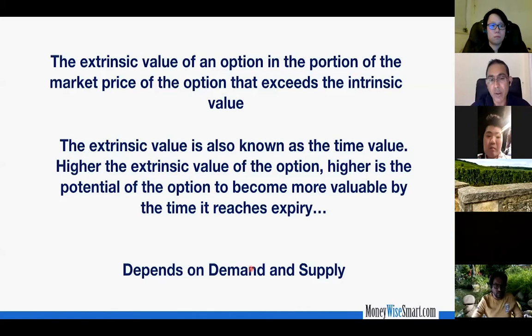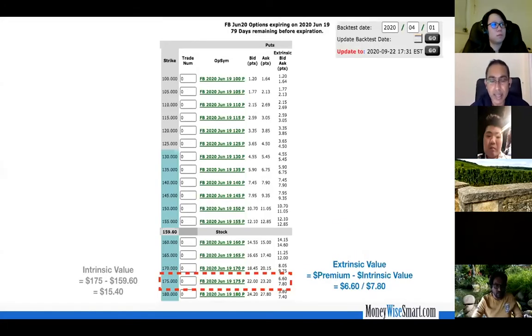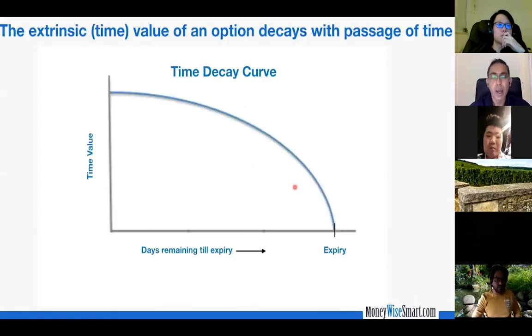The extrinsic value depends on demand and supply, as I've mentioned. So in this particular case, for the 175 strike option, we saw that $15.40 is the intrinsic value, and the extrinsic value is the premium minus the intrinsic value. The extrinsic value of the bid is $6.60, and the extrinsic value of the ask is $7.70, which is exactly what is listed under this column, $6.60, $7.80. So that's the extrinsic value.